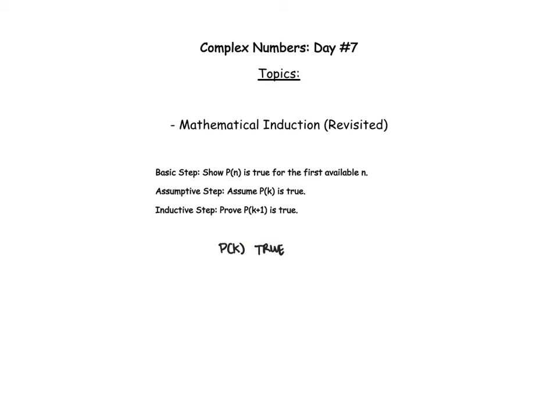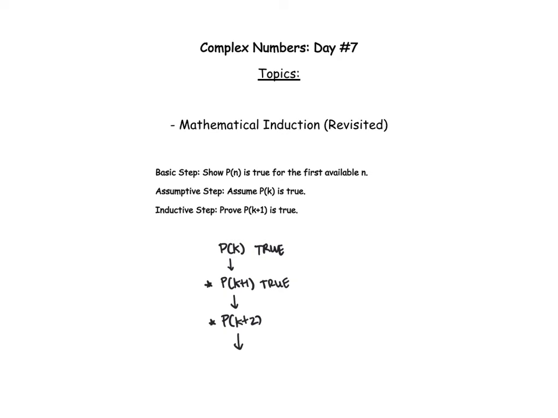k is generally defined here. It's not a specific number, and P of k plus 1 is true, then by that same property, then P of k plus 2 must be true, and so on. Because after P of k plus 1, P of k plus 2 is the next term.